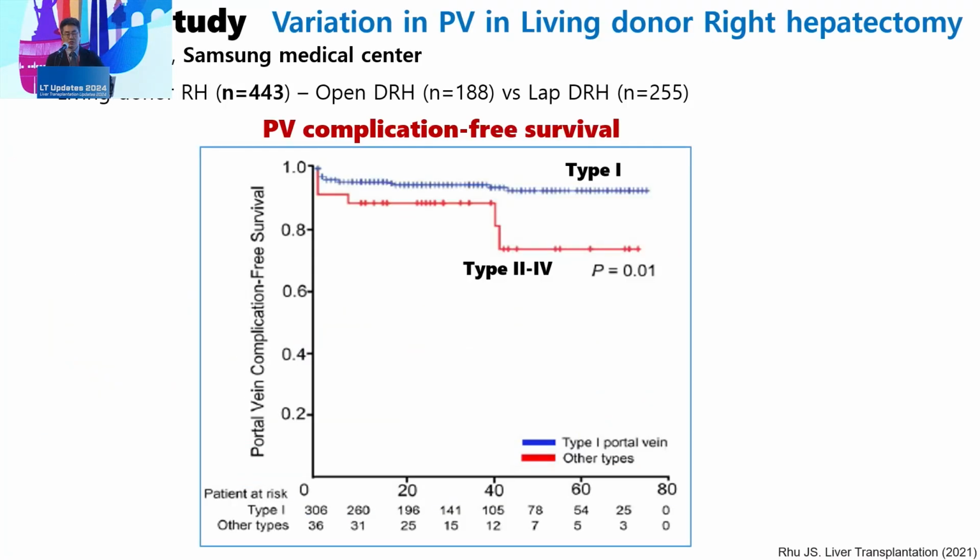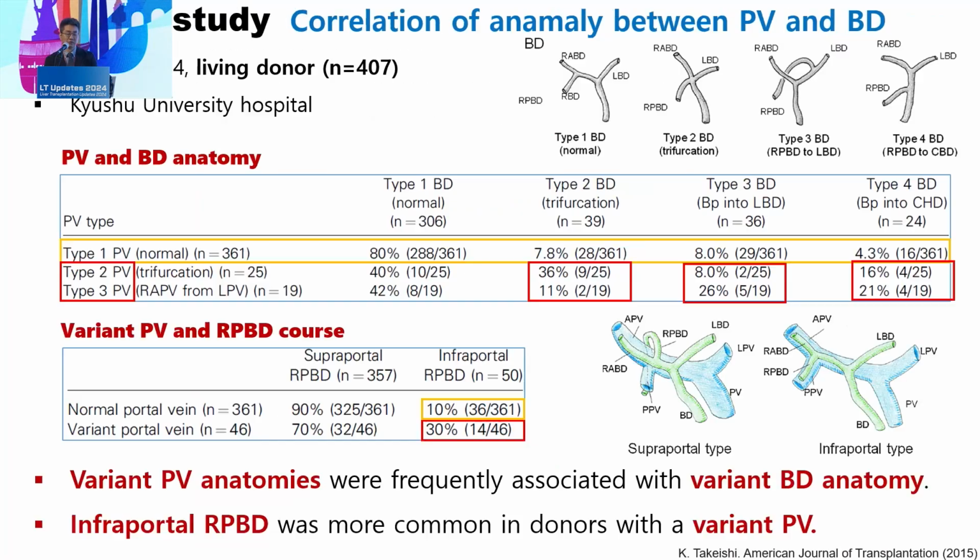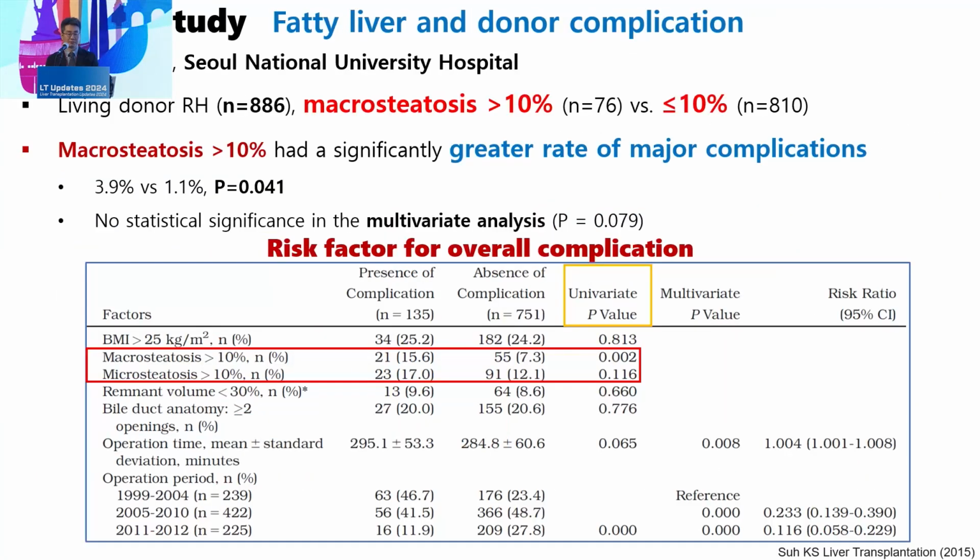Another study in this group reported that portal vein variation has shown an effect on short-term complication-free survival. This is the living donor data of the Japanese group, and this group reported a strong correlation of portal vein variation and bile duct variation. Based on this finding, we hypothesize that portal variations can affect biliary tract complications of living donors.